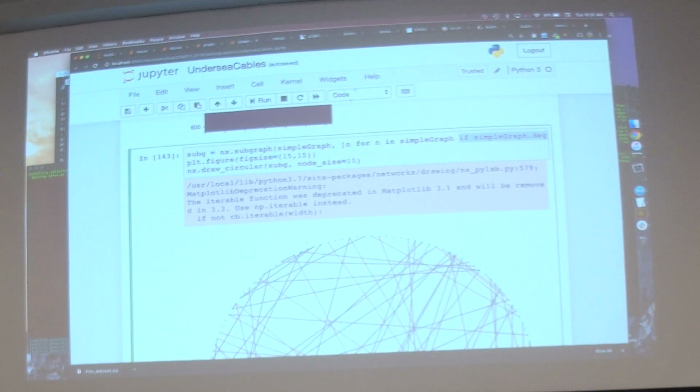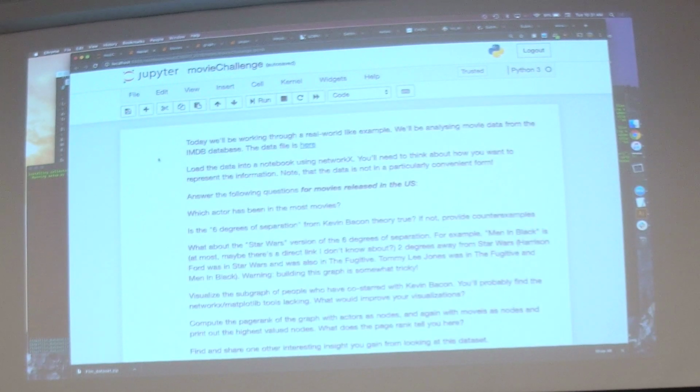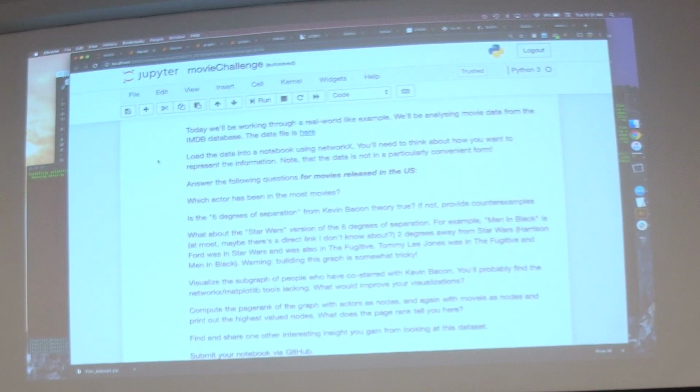So the rest of the day, we're going to spend on analyzing another data set. This data set is a dump of the IMDb database, the movie database. We're interested in answering some questions about movies that we can learn from this database and trying to understand what's in here.